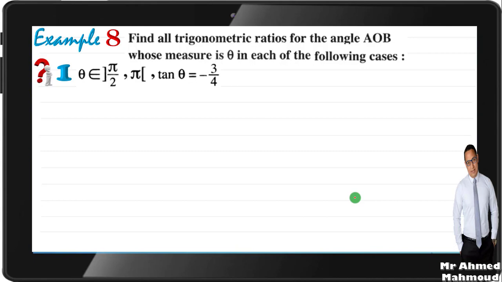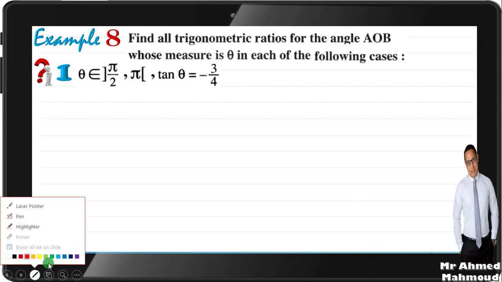Now I can solve this one in two different ways. He didn't give me a unit circle, so I can solve this by using the unit circle or by drawing a general right angle triangle. I will teach you how to use the general right angle triangle.